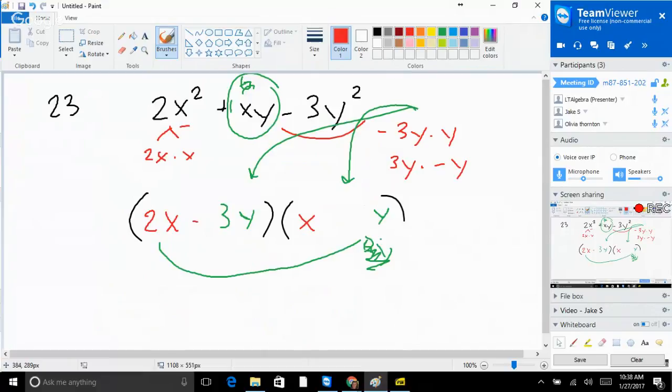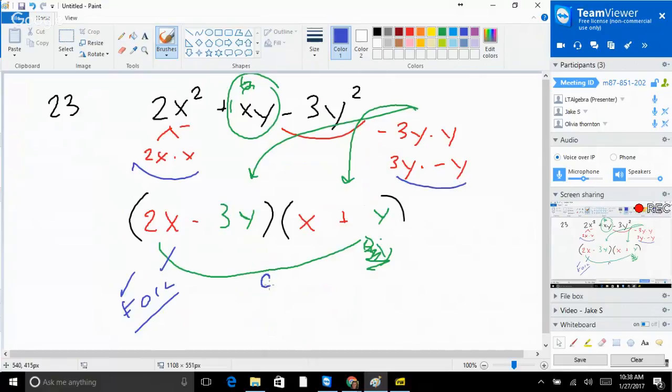All right, let's try it out. Okay. It's like Christmas colors in here. All right. When we're checking, we want to FOIL, right? If you want to take a shortcut in your homework, do you need to do F and L every time? Not necessarily, because you've already done the work here, right? This is your F and your L. You've already figured those out.